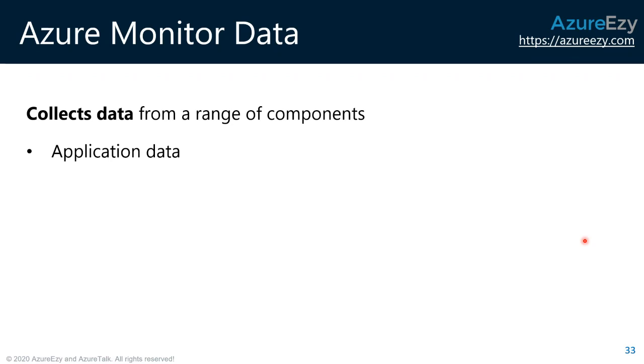It can also collect data from your operating system, your guest operating system, your virtual machines. If you have hosted any application on a VM as an IaaS service, with Windows or Linux, it can gather data from the operating system as well.